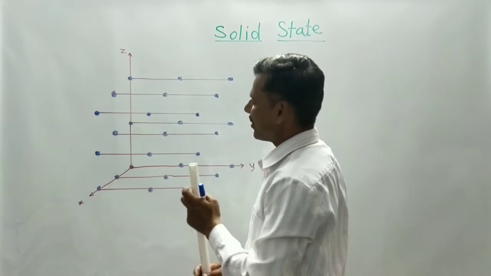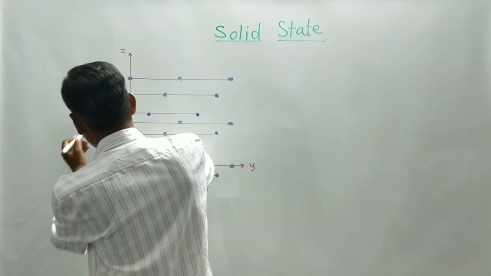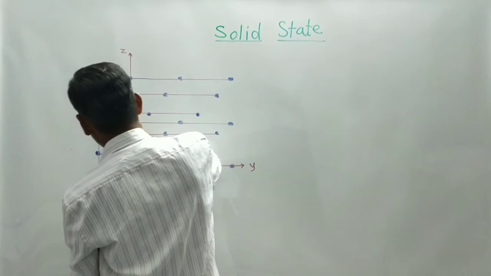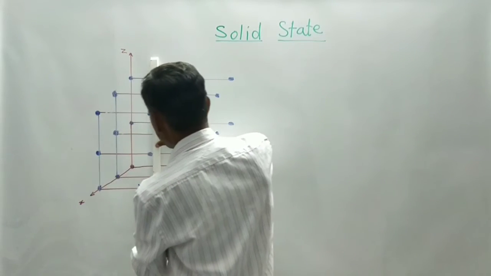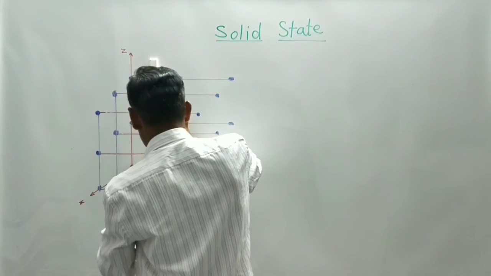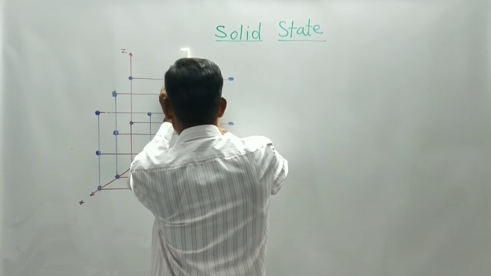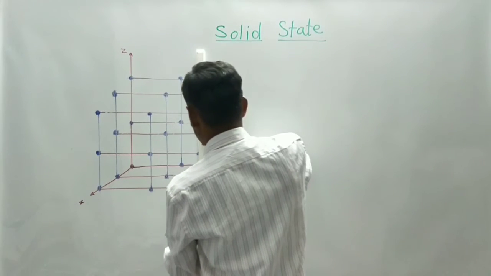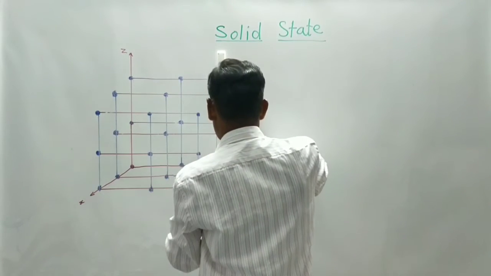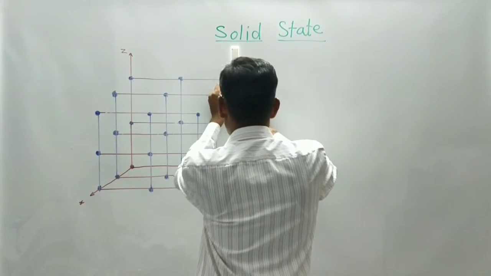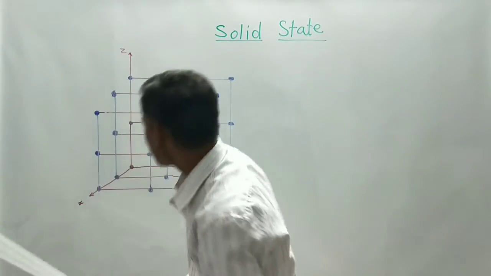Now I join the points on the z-axis. These points are there on the z-axis. Then again these 3 are already joined. Next one. And finally I join the points on the z-axis also.